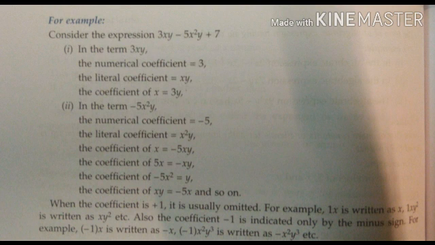If I ask you what is the coefficient of minus 5, you cover up minus 5. What is exposed now? x square y is exposed, so that is the coefficient of minus 5. So this is how we understand the meaning of coefficients of things that are present in a term. I think you have understood.